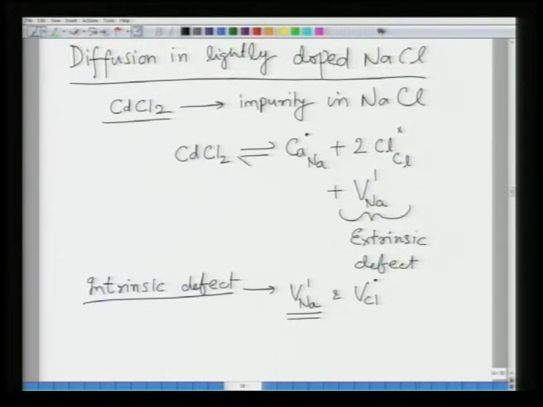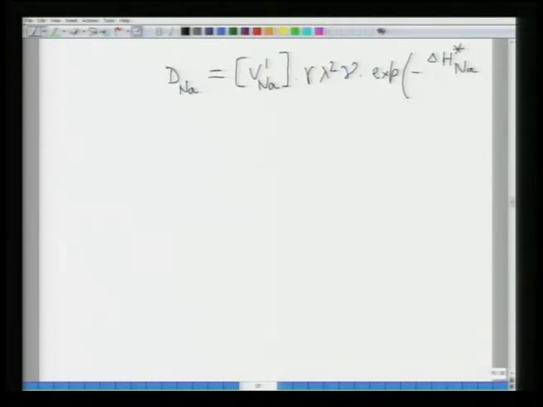So, in whatever the scenario is, whether it is extrinsic or intrinsic, the diffusivity of sodium, D_Na, is governed by vacancy concentration. So, we will have D_Na equal to V_Na multiplied by gamma lambda square nu into exponential of minus delta H star Na divided by kT.